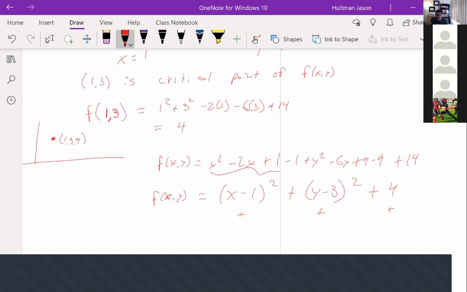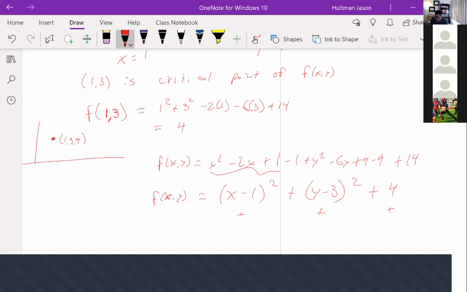Which means that the lowest value that this could ever take on is what? What's the minimum value that I could ever have here? Zero? No, 4. Oh, yeah, sorry. The minimum value that this could ever take on is 4 because everything would end up being positive.